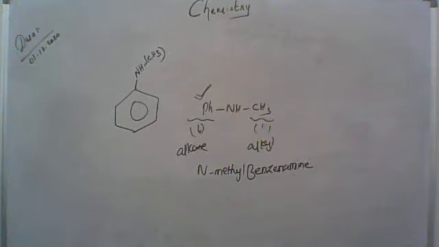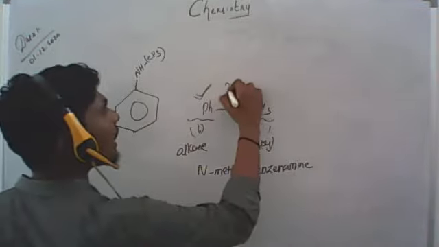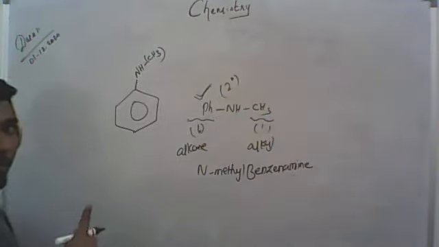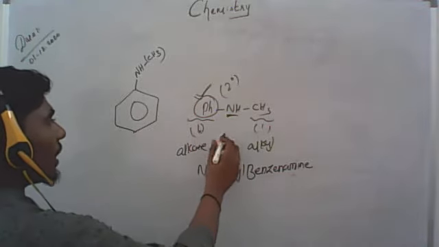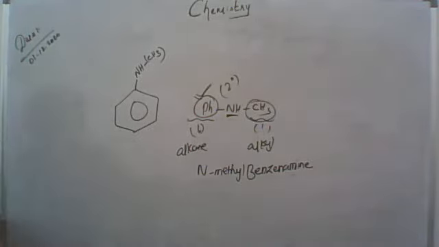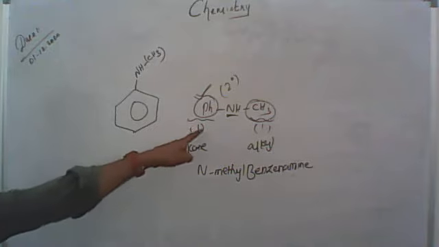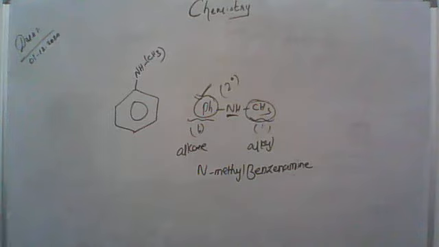Next, see here which type of amine it is. It's a secondary amine. Why? Because 2 hydrogens are replaced by 1 phenyl group and 1 methyl group. So it is a secondary amine type.